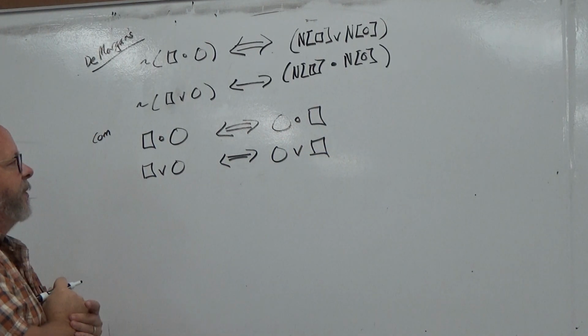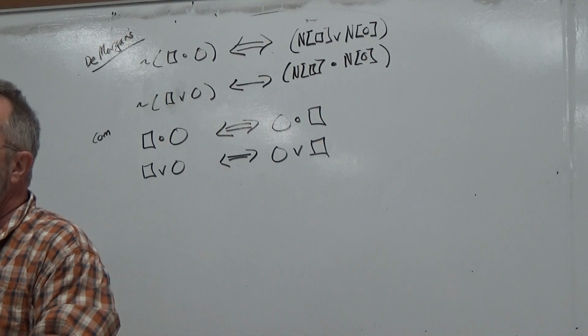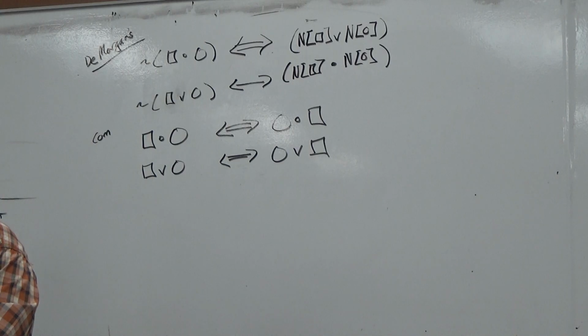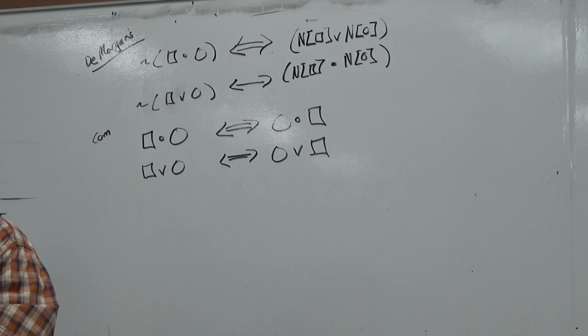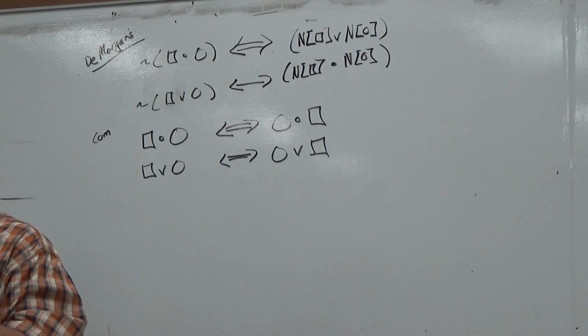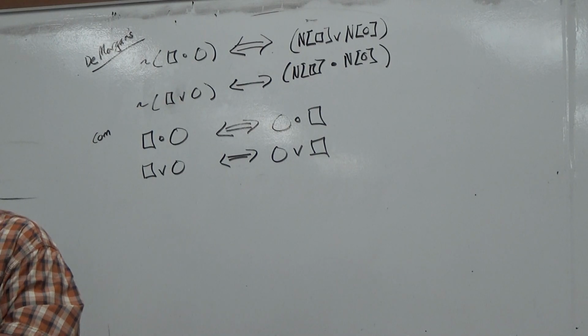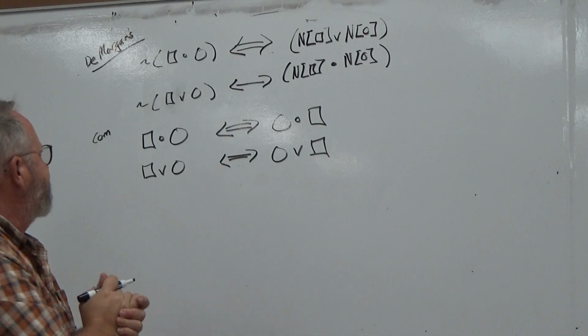So you can flip them, but only for ands statements and only for or statements. Don't do some flipping on me with conditionals. Does everybody understand that? This only applies to ands and ors.